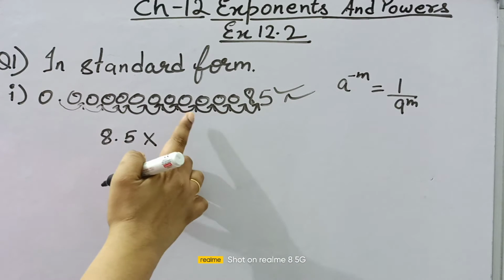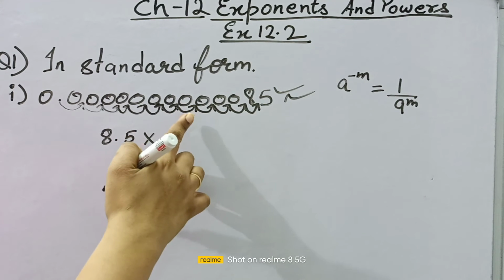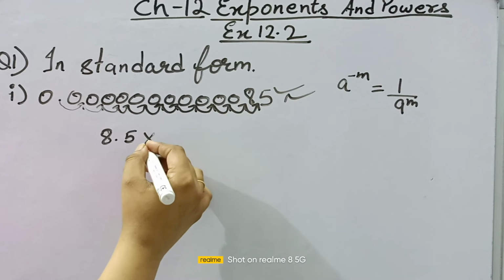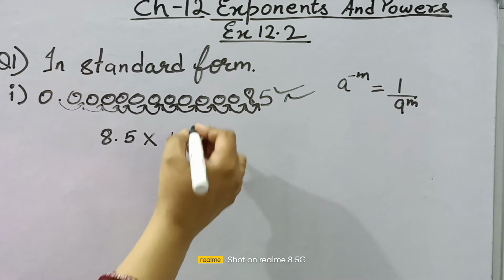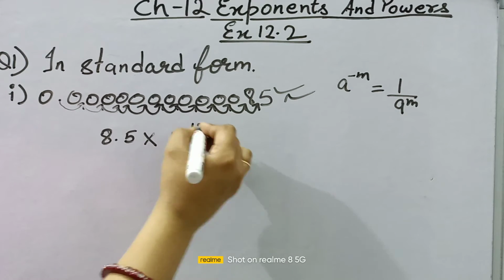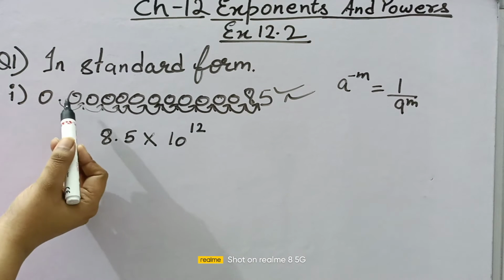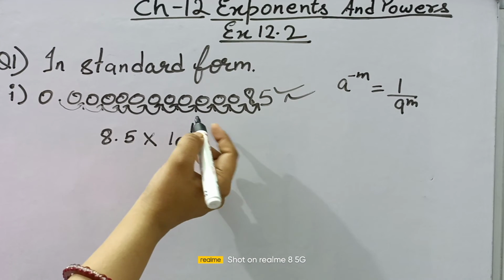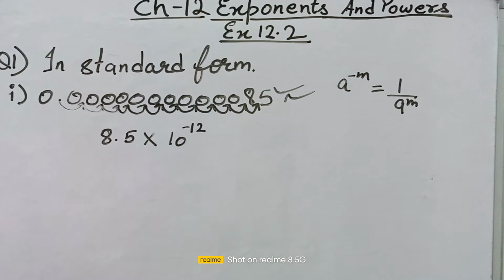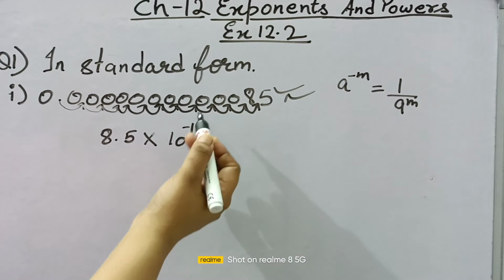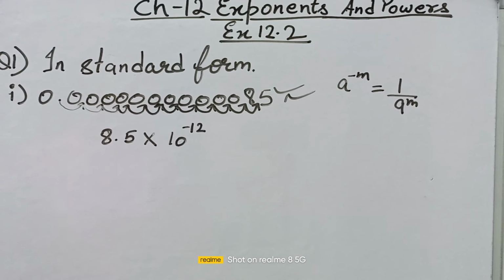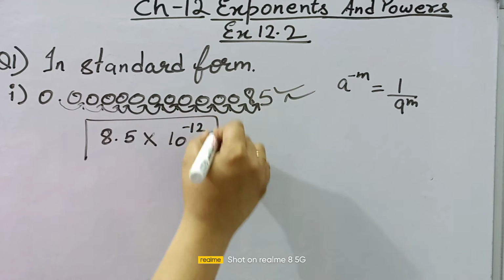So we will write that 12 in the exponent of 10. So it will become multiplied by 10 raised to the power 12. Now we know when we are shifting the decimal to the right, it will give you a negative exponent. So we will write it minus 12. So you can directly write it by just shifting the decimal to the right side. Correct? So this is your answer.